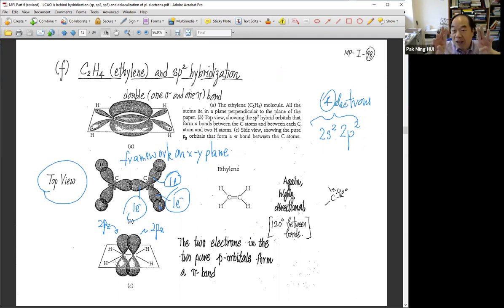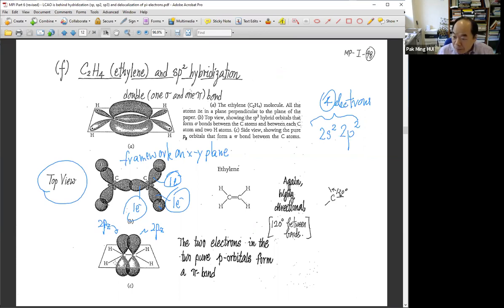All right, they just barely touch each other. Nonetheless, you can linearly combine them, LCAO for the pz, and then there will be a bonding pi and an anti-bonding pi, and the bonding pi will be filled by 2 electrons, right? Because there's 1 electron in 2pz on the left atom and on the right atom.